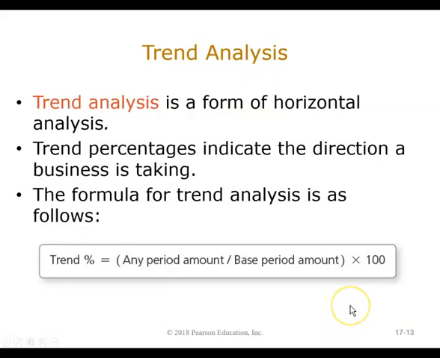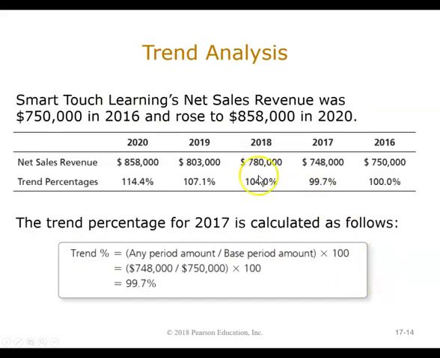All right, next let's look at the trend analysis. This is the same as a horizontal analysis, but you're analyzing more than just 1 year. So the formula for this is that the trend percent is equal to any period amount divided by the base period amount times 100. So any period amount, 858, divided by the base year, oldest year, 750.